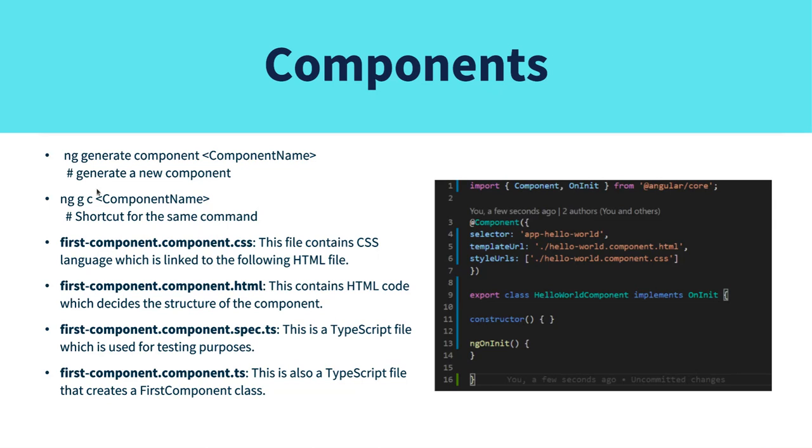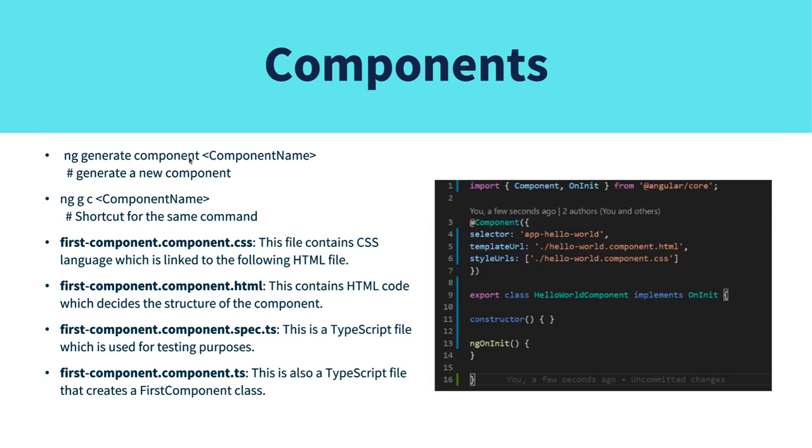The command we ran to generate our component was ng generate component, then the name of that component, which we used as first here. And this is the code which was already written in the first.component.ts file. You can also use a shortcut.